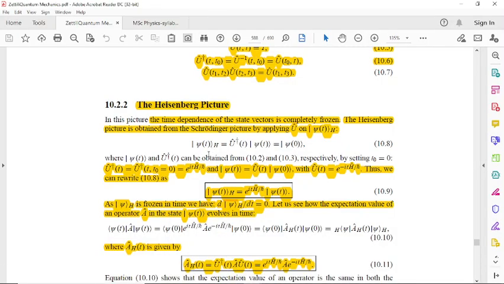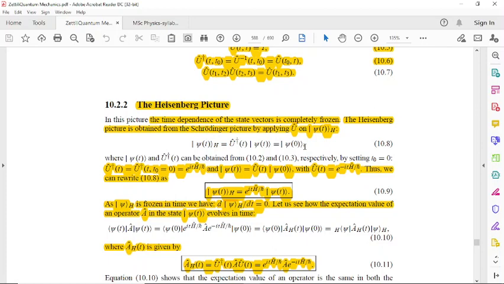Therefore, ket psi of t in the Heisenberg picture is equal to U dagger of t times ket psi of t. Therefore, we are using a transformation, the operator U dagger, on a state vector psi of t, and then we will get psi of 0.